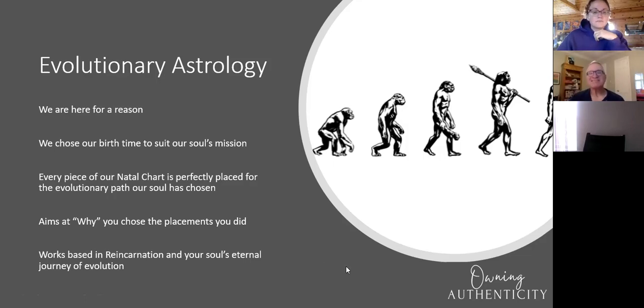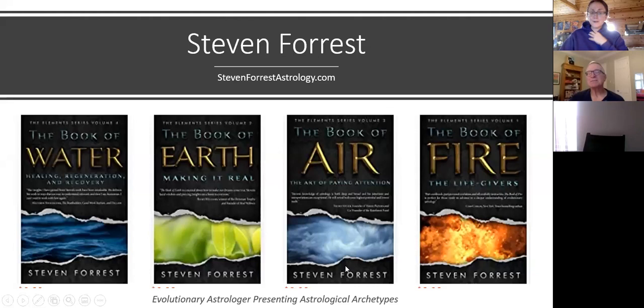Perfect. Okay, so this guy, Stephen Forrest, StephenForrestAstrology.com. He is an evolutionary astrologer, and he wrote this entire element series that you see on the screen, presenting the astrological archetypes that are part of this interpreting natal chart family.